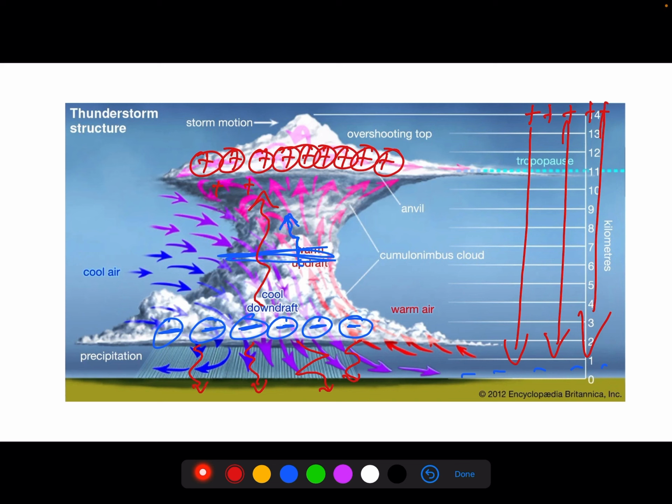And notice that the bottom of the cloud is negative, and I just got done telling you that the Earth's surface is negative. So opposites attract. Why would the negative base of this thunderstorm discharge into a negative surface? Well, it doesn't. A bunch of positive ions just show up on the surface of the Earth.